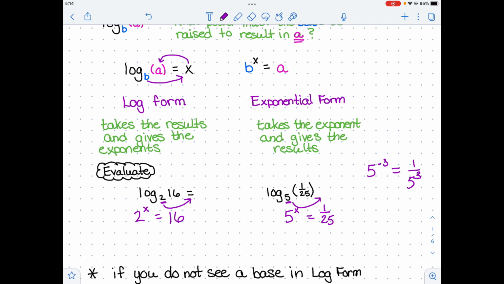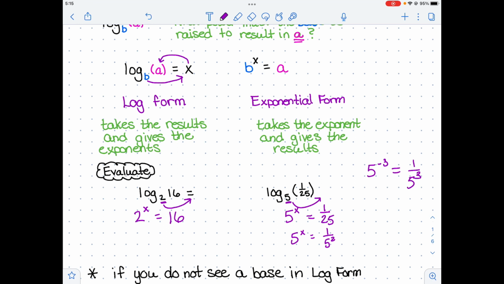We know because we're getting a fraction, we're going to have a negative value in our exponent. So the way we can think about this is, if we want 25 to be on the bottom, how do we get 25 by multiplying? Well, we know it's 5 squared. So we can think about this as 5 to the x equals 1/5 squared.